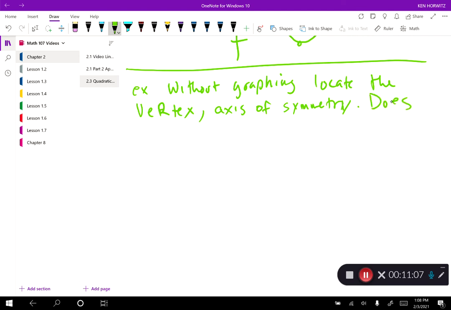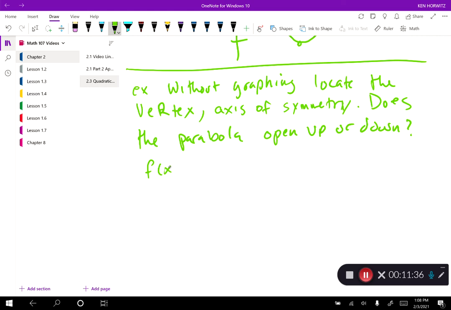Does the parabola open up or down? All right, and here it is.